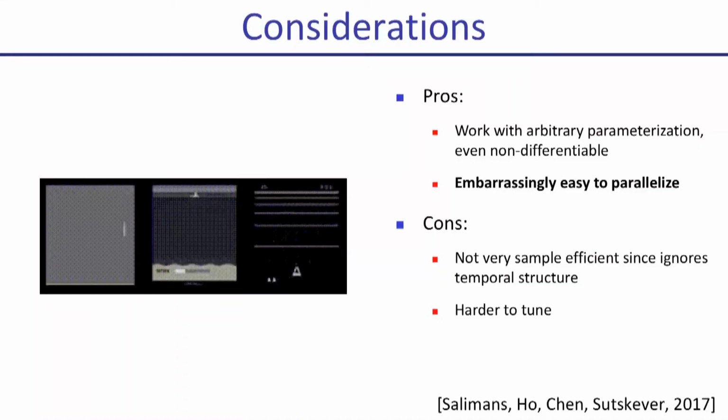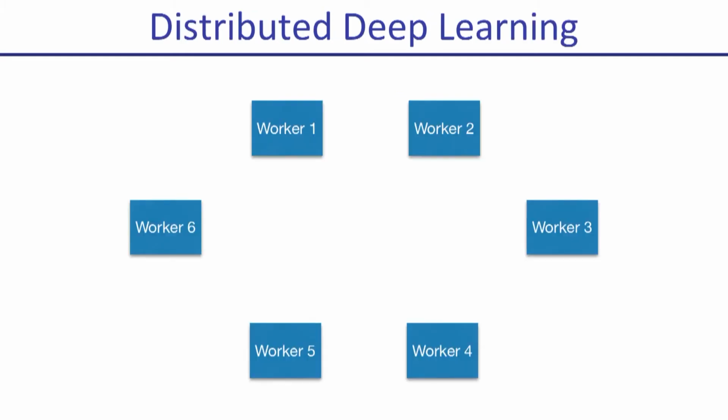So next, we will look at why distributed evolution is embarrassingly easy to parallelize. To make this concrete, I think it's helpful to think about what it takes to do distributed deep learning. First of all, why do we care about that? We care because in the recent decade, all the deep learning successes have been driven by scale.